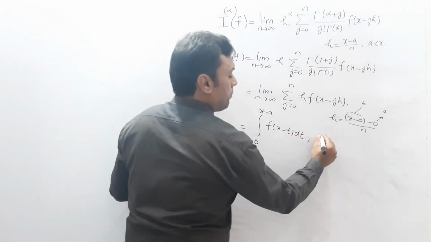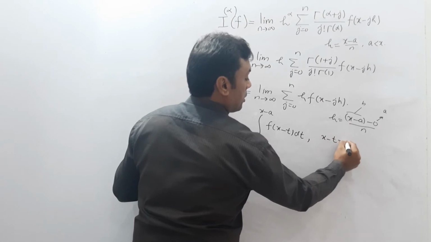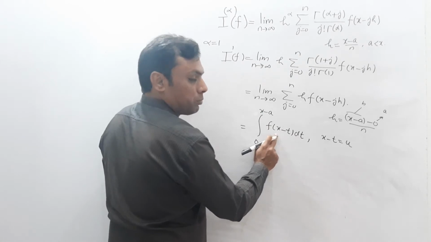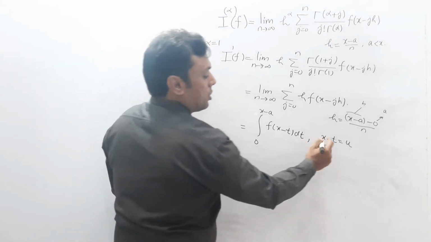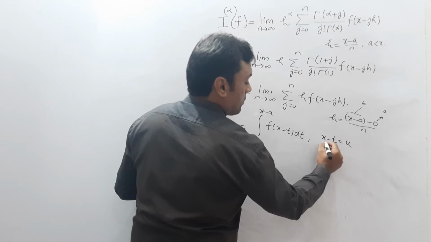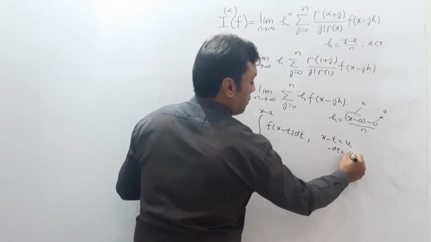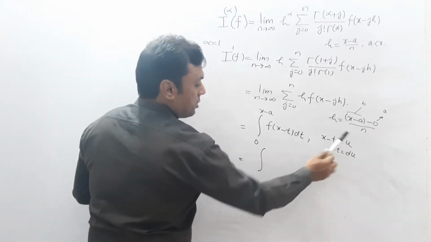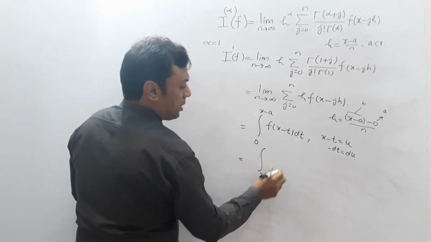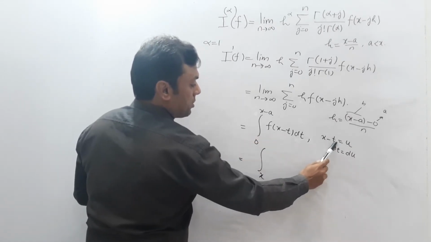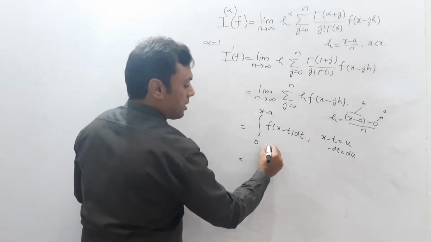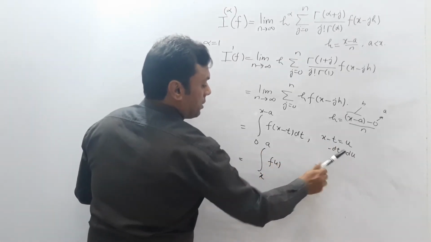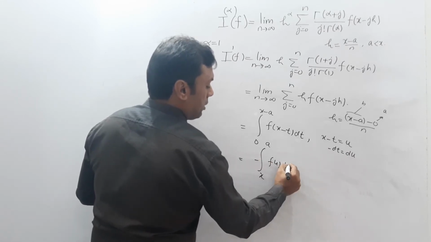Further, if I substitute x minus t equals u, and remember x is not a variable with respect to this integration since it is involving t, if I differentiate by t, this becomes minus dt equal to du. If I change the limits, when t is 0, u becomes x, and when t is x minus a, u is x minus x plus a, x cancels, so it is a, and f of x minus t is f of u, and dt is minus du.